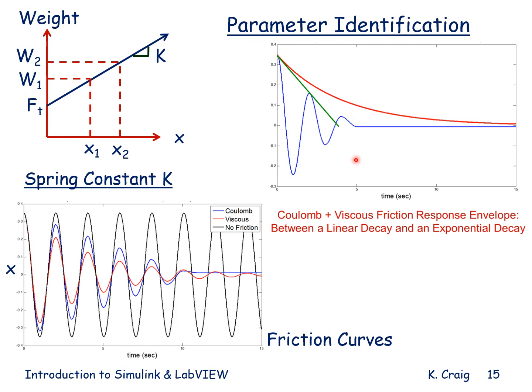So in this case, I want to determine a coefficient of friction B that best represents the actual behavior of the system, something that captures both the viscous behavior and the dry friction behavior. This could be a little bit of work, but the parameter identification needs to be done.